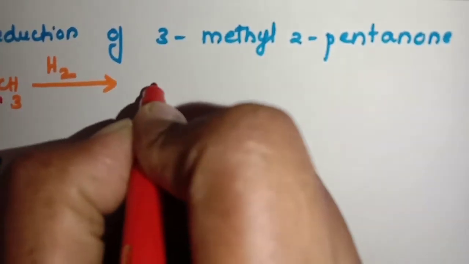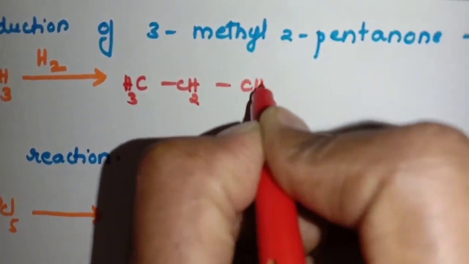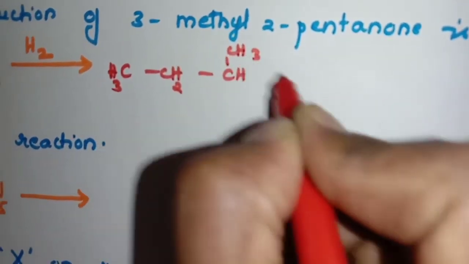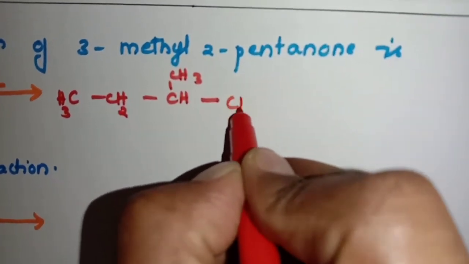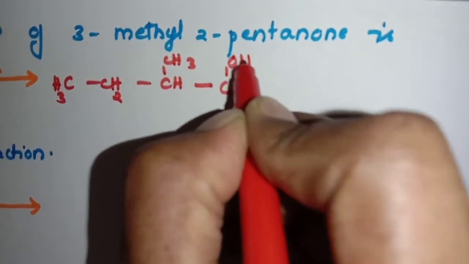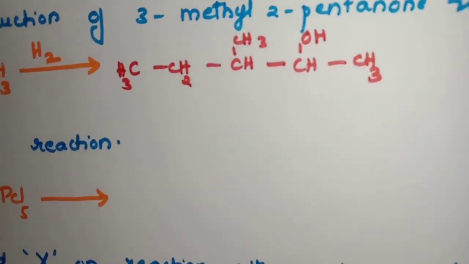So we get CH3, CH2, CH3, CH, OH, CH3. Now let us name this compound.